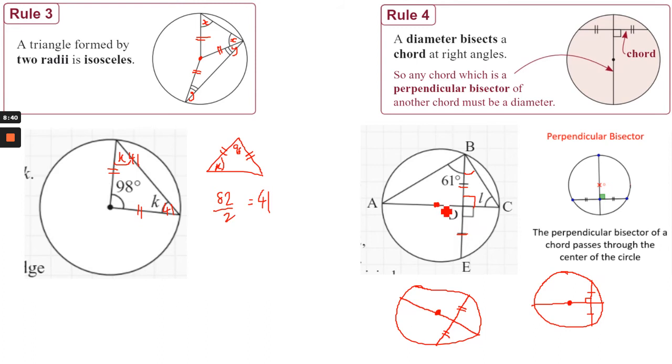Now, if this is a diameter, you know that the angle in a semicircle is 90. So if that's 61, that must be 29. And if that's 90, you can just add those together. So 90 add 29 is 119. 180 subtract the answer. This one must be 61.